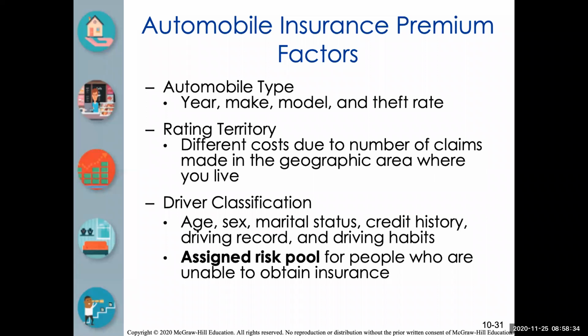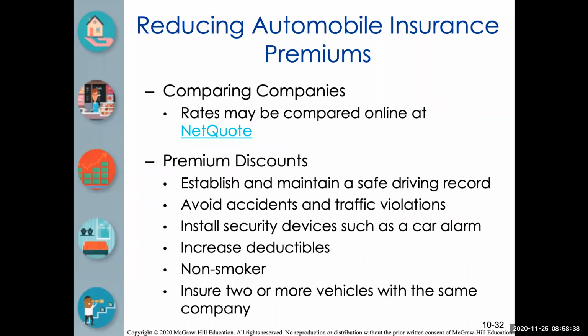So how do we go about reducing the premiums that we pay? Well, it's important to compare companies. The vehicle insurance business is highly competitive. And when you think about bundling vehicle insurance with renter's insurance with an umbrella policy, it becomes extremely competitive.